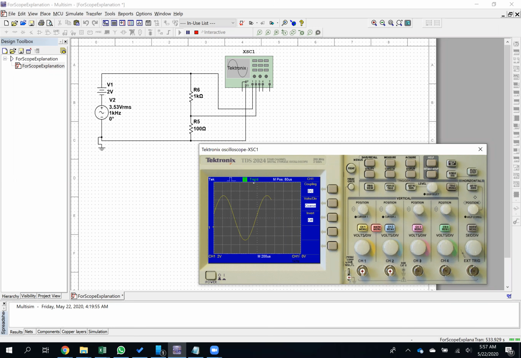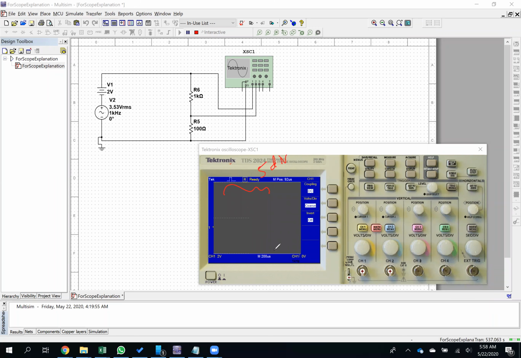So notice I've lined the peaks up there, and I can see that from one peak to another peak is 5 divisions. So let me just stop it. Oh, if I stop it, it won't show the whole thing. That's a little bit different. Okay, so let me draw on the screen here. From here to here is 5 divisions, right?